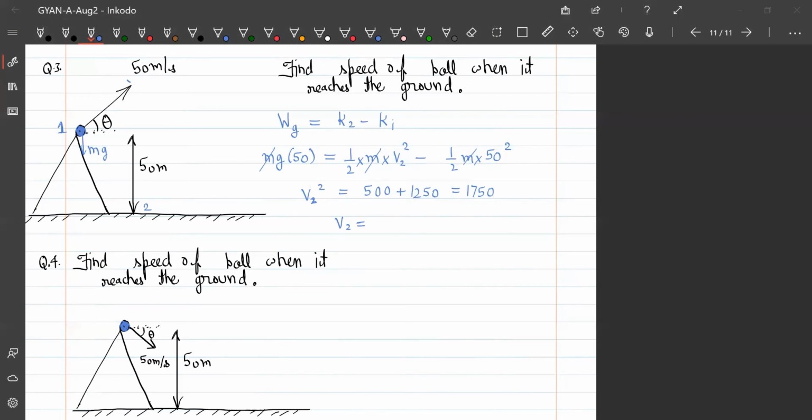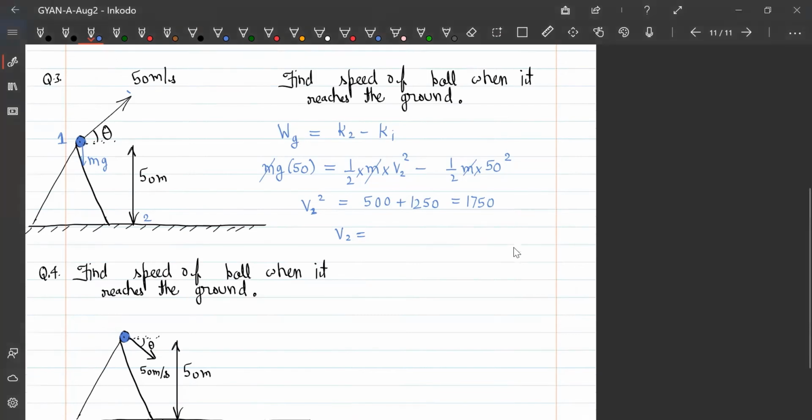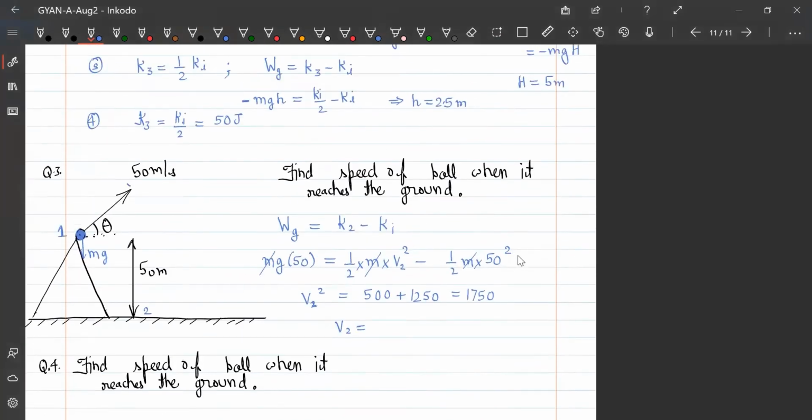Okay. This multiplied by 2 भी आएगा ना यहाँ पे. 3500.